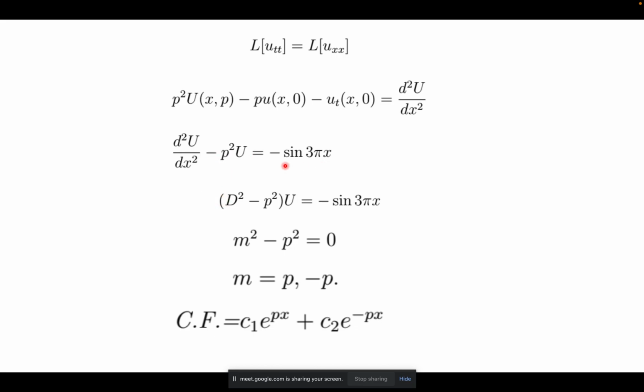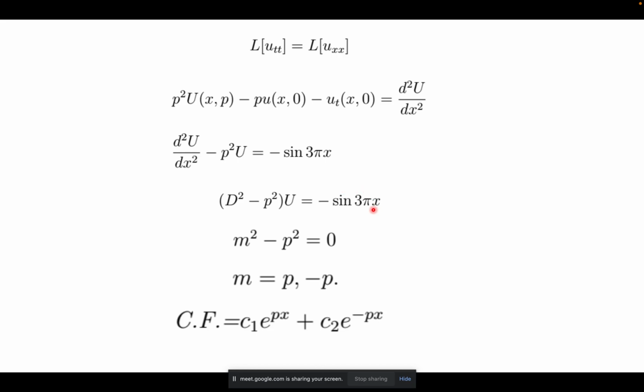Here you need to again first write the auxiliary equation, find the complementary function, and then you can solve such a problem. Using again whatever you have learned in the differential equation week, I can write this as d square minus p square times u is equal to minus 3 times sine 3 pi x.